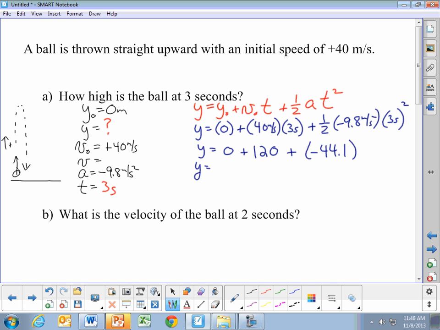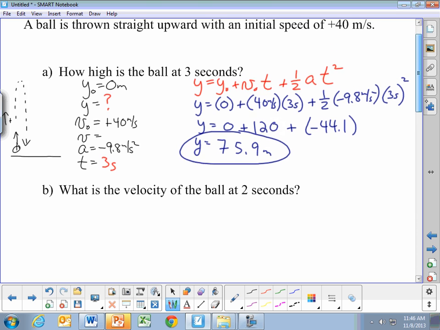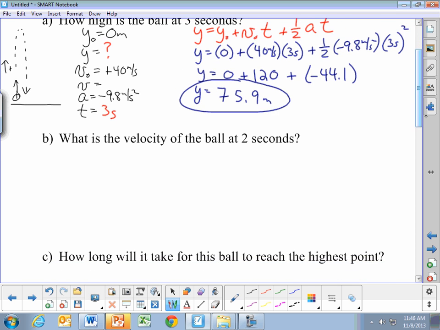And so the height at 3 seconds is 120 plus negative 44.1, which is 75.9 meters. So again, you can find the height of the object at any time using the equation relating position as a function of time.